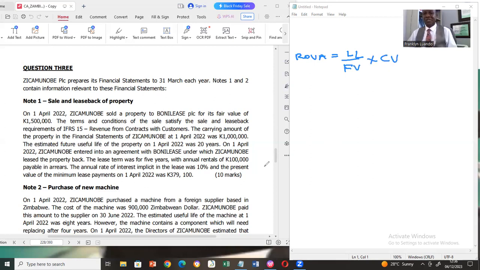In this case, the lease liability is 379,100 over fair value 1,500,000 multiplied by 1 million.